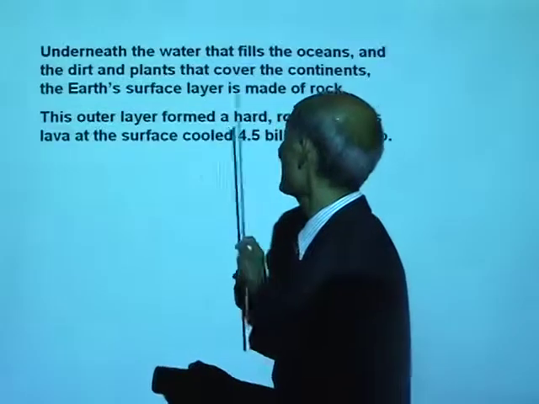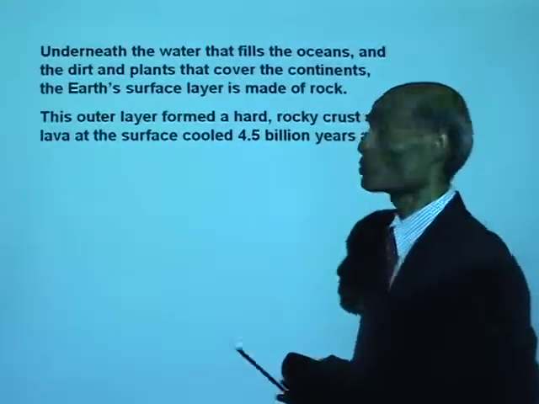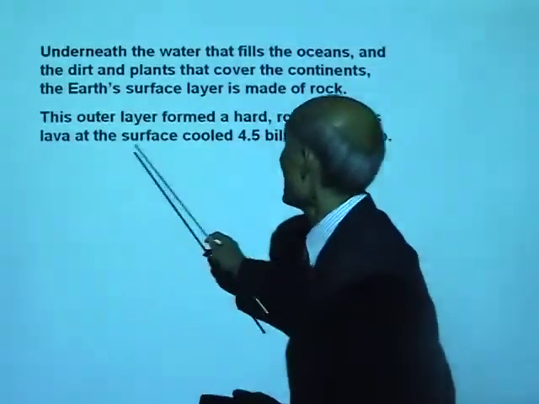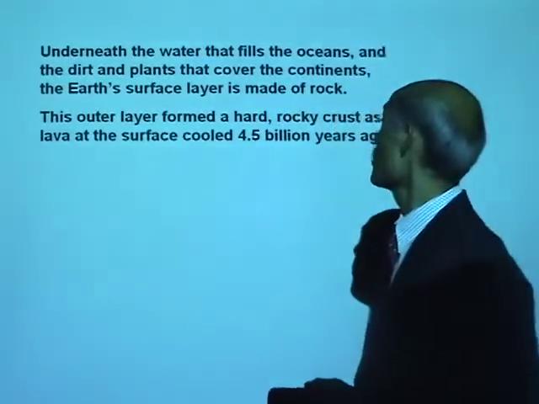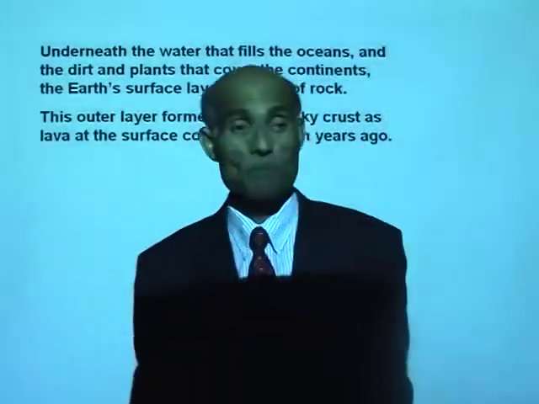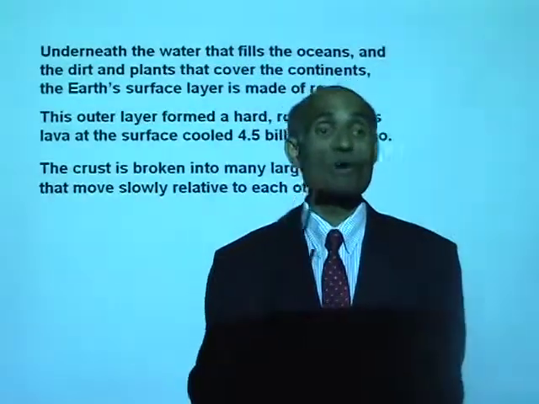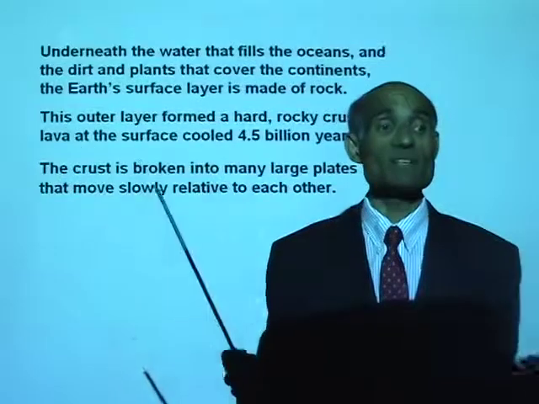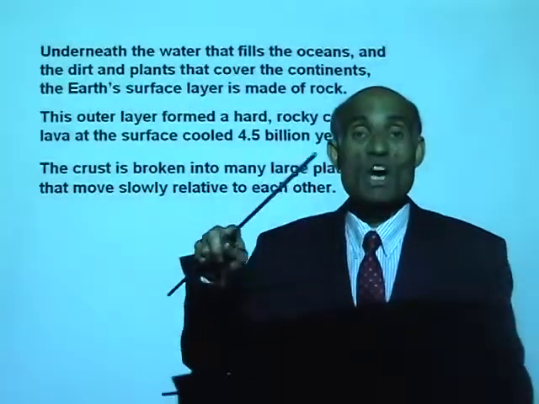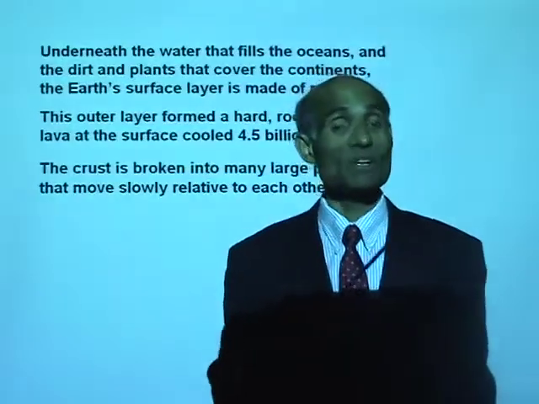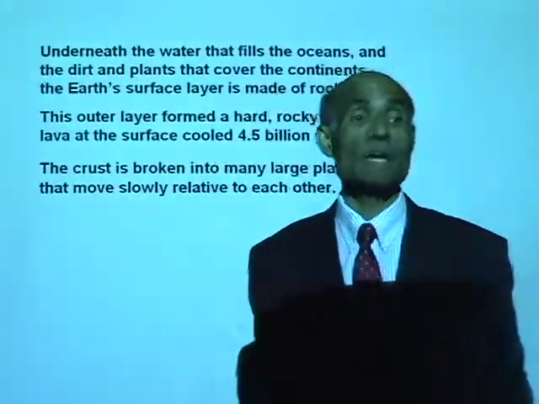This outer layer formed a hard, rocky crust as the lava at the surface cooled 4.5 billion years ago. Now the crust is broken into many large plates that move very slowly relative to each other. We talked about that in the last class, and we're going to build it up today.